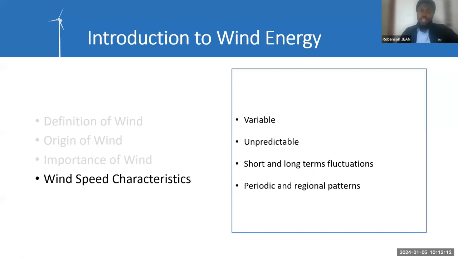Sometimes we can see some pattern. We can determine some profile on short term and long term, like seasonal pattern, daily pattern, and yearly pattern. So there is some information that we can have about the wind.